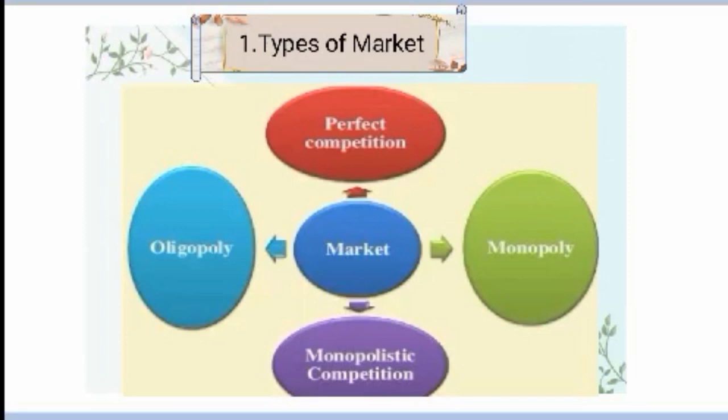The products are similar, but all sellers sell slightly differentiated products. The consumers have the preference of choosing one product over another. For example, the market for cereals is monopolistic competition. The products are all similar, but they are differentiated in terms of taste and flavors.